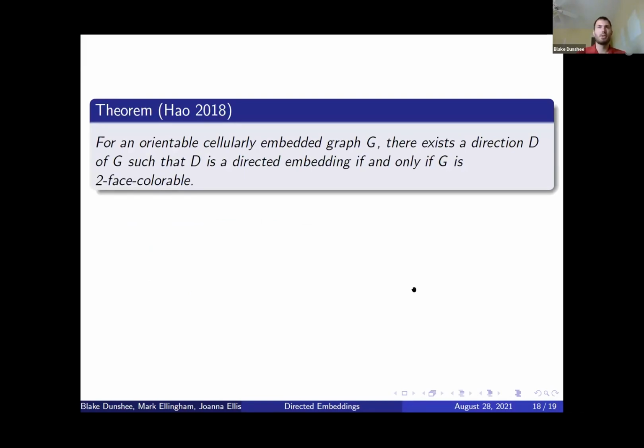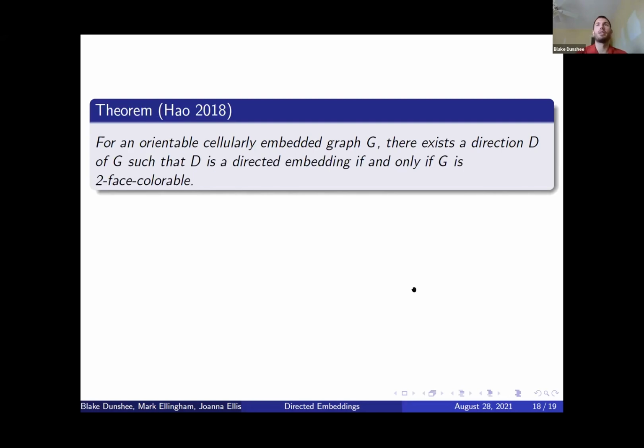And then the last result that I will point out for you today is we were able to extend a prior characterization of Howe from 2018 that stated when an orientable cellularly embedded graph has a directed embedding that corresponds to it.